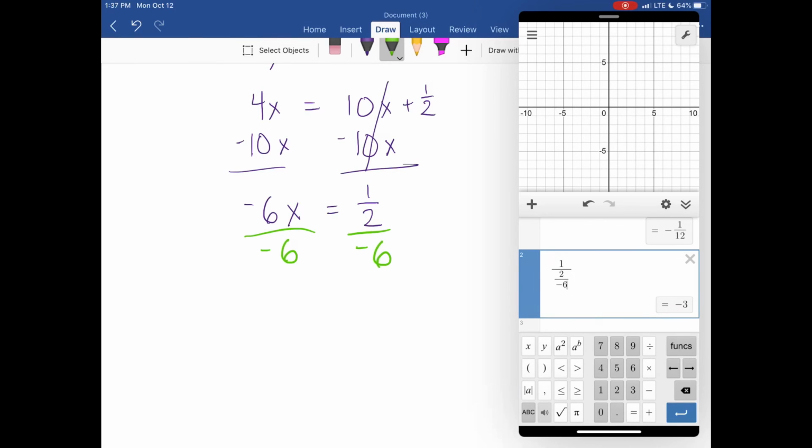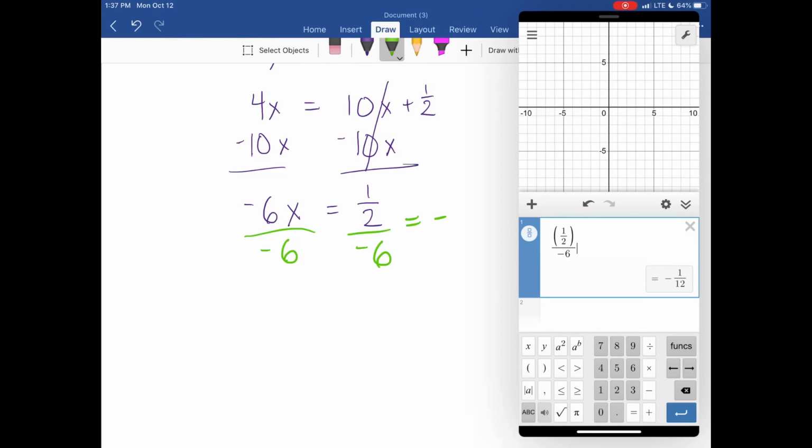Because Desmos isn't as smart as you. Desmos does not see this as 1/2 divided by negative 6. It's treating this as 1 divided by 2 over negative 6. Wrong. So just make sure when you're seeing this that you've got 1/2, that quantity, divided by negative 6. And that's going to give us our solution of x equals negative 1/12.